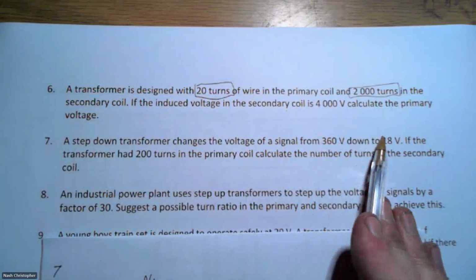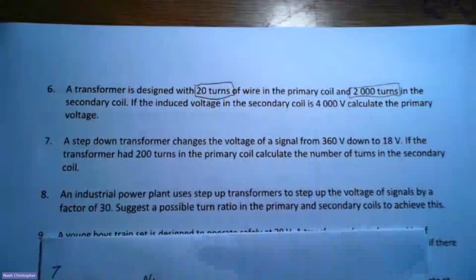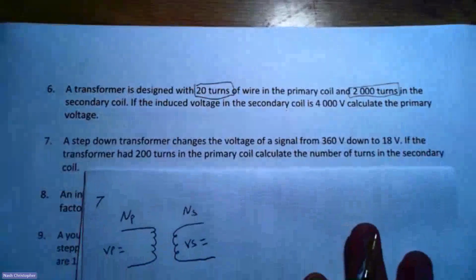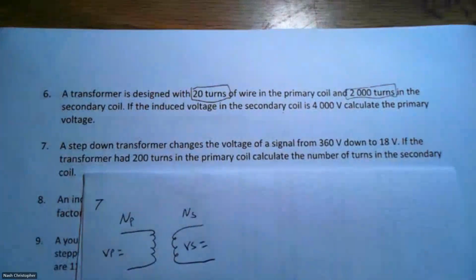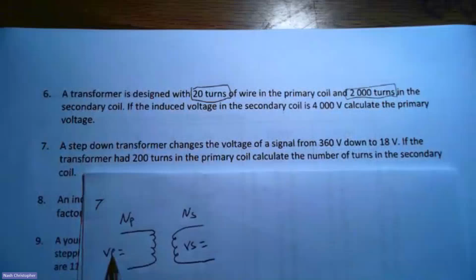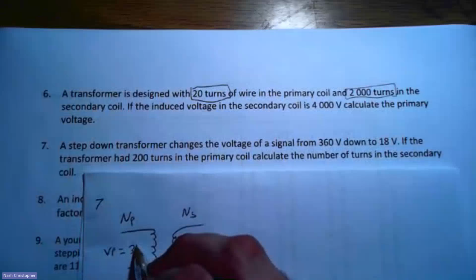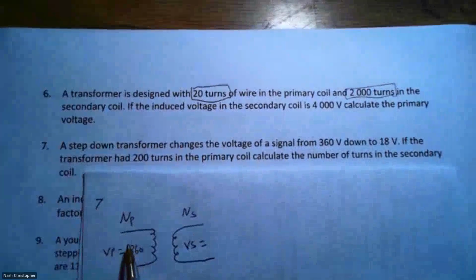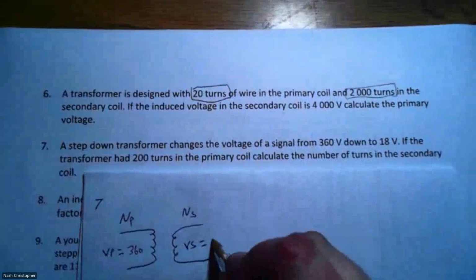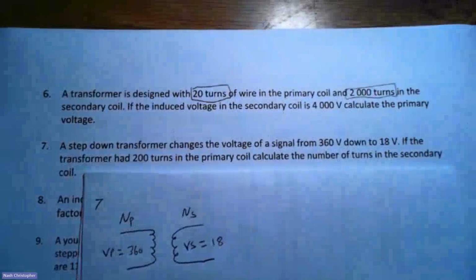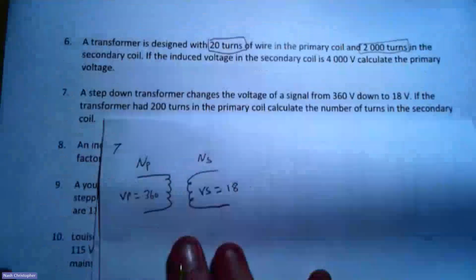Your secondary will be the smaller. So again, map it out. Primary voltage, primary, 360, and it's going down to 18 volts on your secondary.